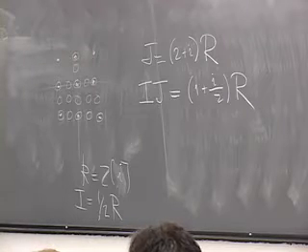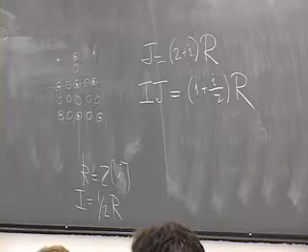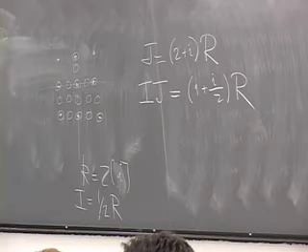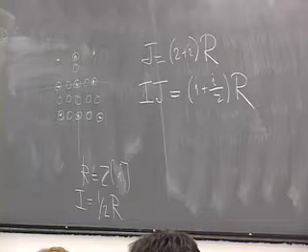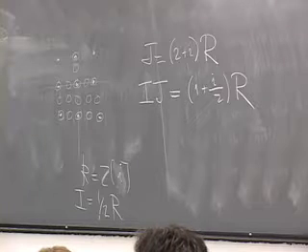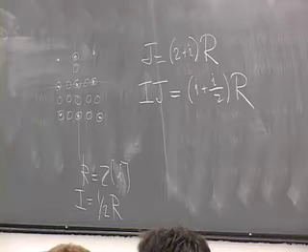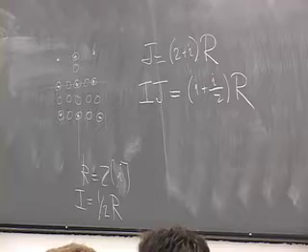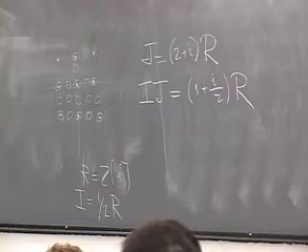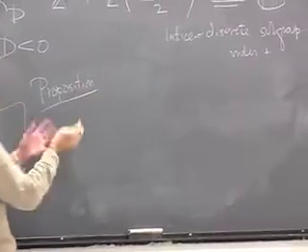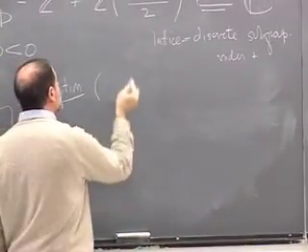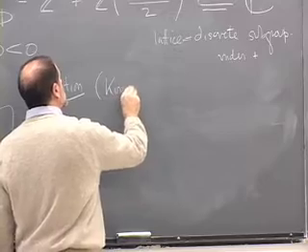OK. Now the big result, which Peter probably talked about in a slightly different way last time, is the following. Proposition. This was proved at the end of the 19th century by a number of mathematicians, Kummer, Dedekind.